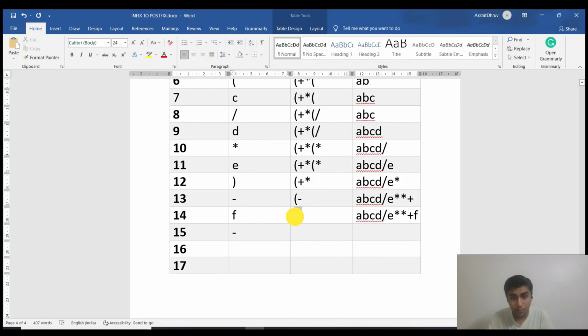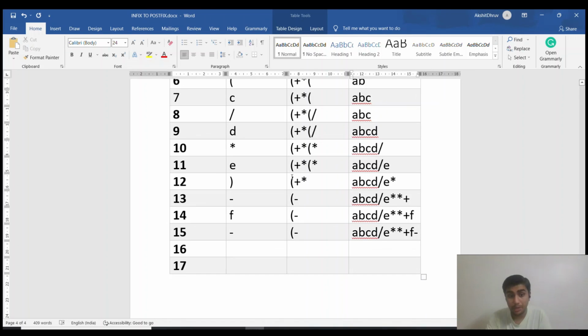So we just need to pop the one which is already there and append this one. So we delete this and push the incoming operator. If we are popping the things, we need to print over here. We will not print parentheses, but we will print all the other operators which are there.